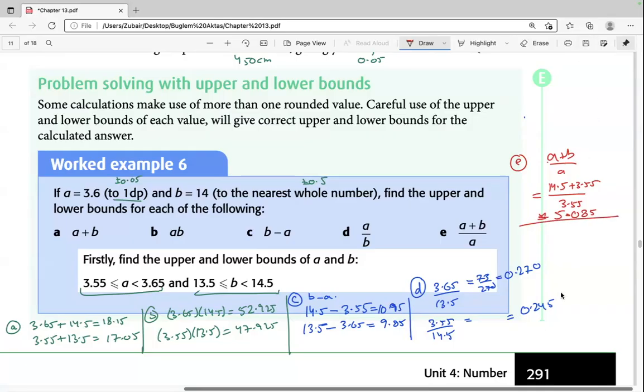Okay. And then for the lower end, lowest value for B was 13.5 plus 3.65 over 3.65.